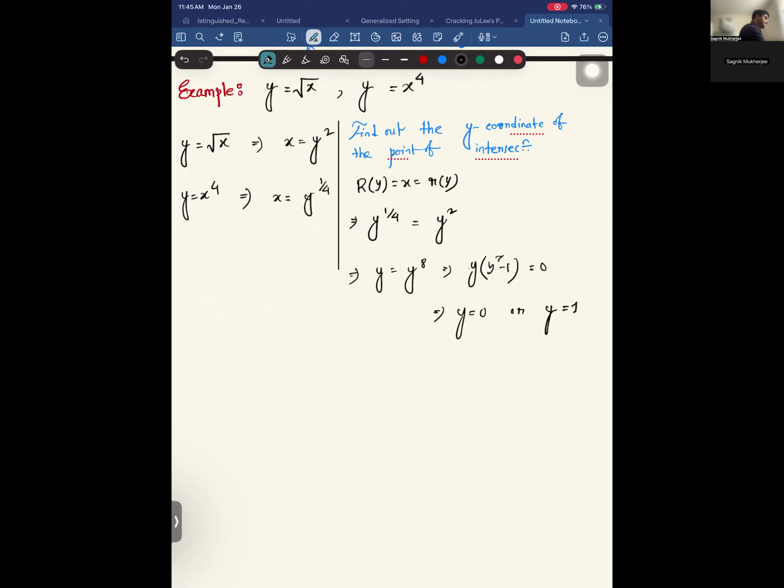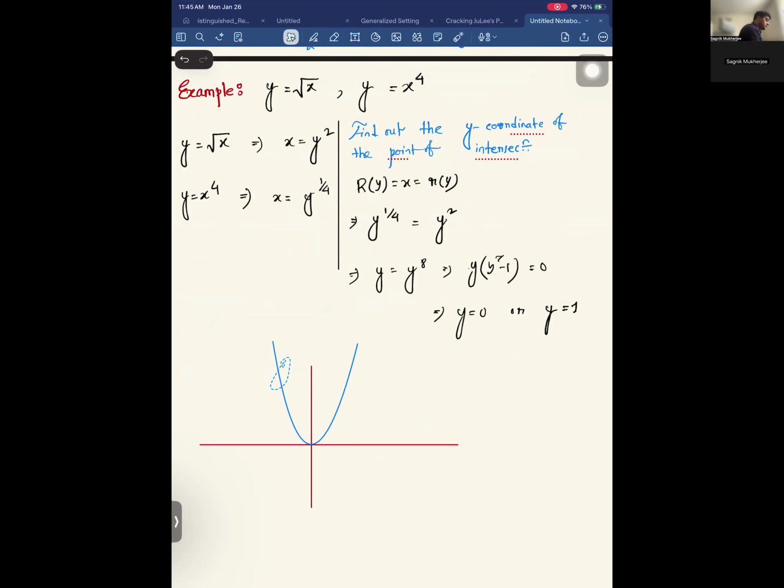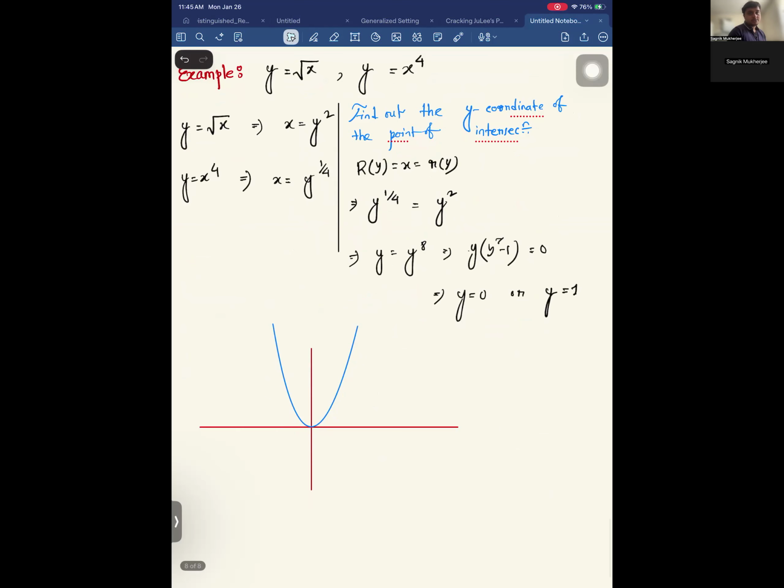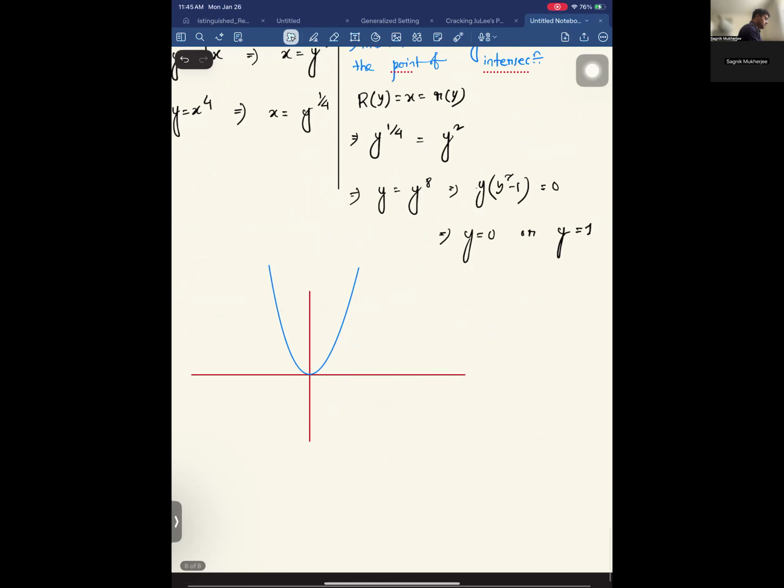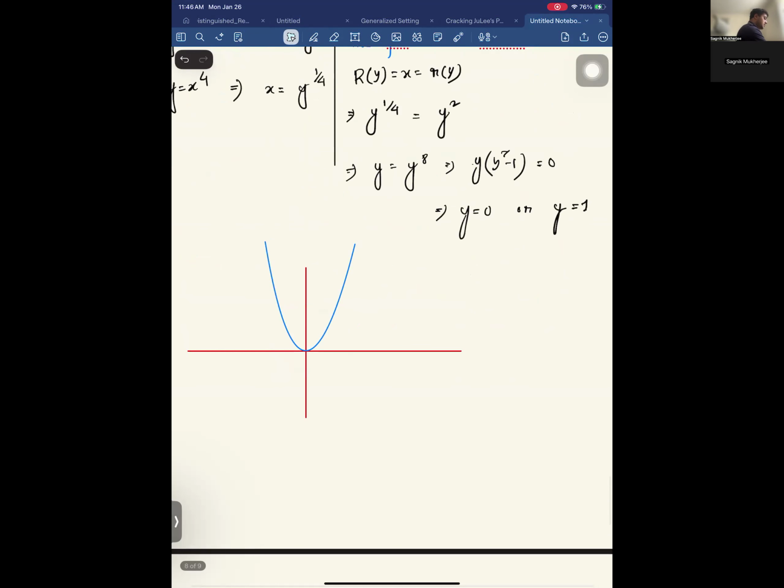So remember what y equals x power 4 looks like. It is something like this. This is y equals x power 4. And what about y equals square root x? The graph of y equals square root x looks like this.